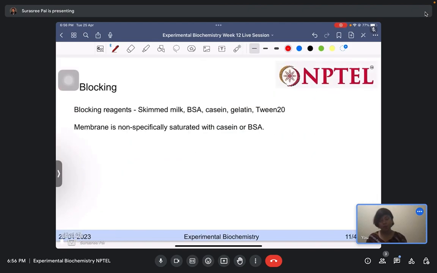Next step is blocking. It is very essential to block the membrane before we start any antibody treatment. So what is blocking? Suppose this is our membrane where these blue triangles are protein X, our protein of interest, right?